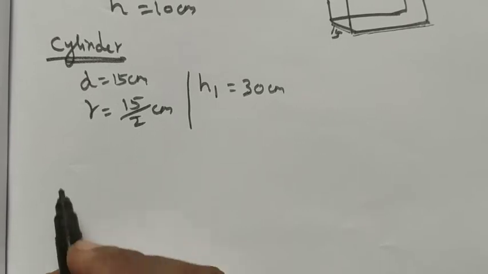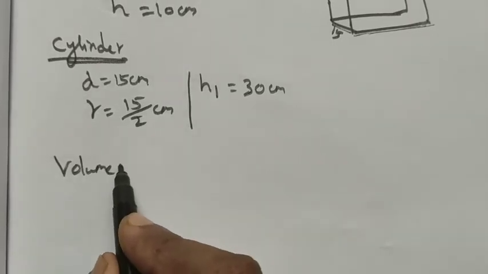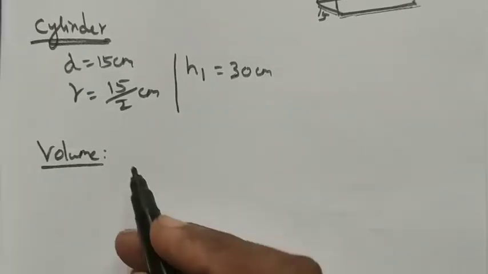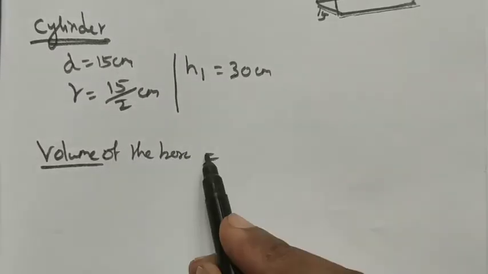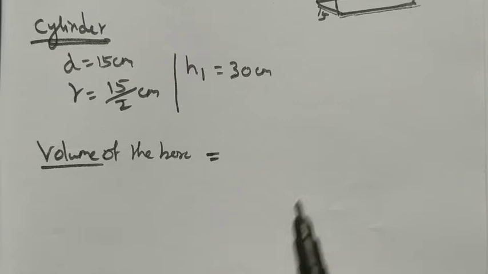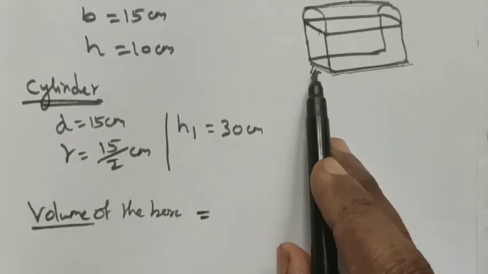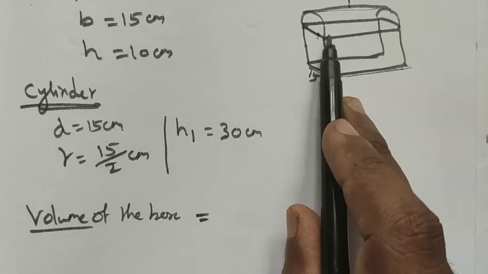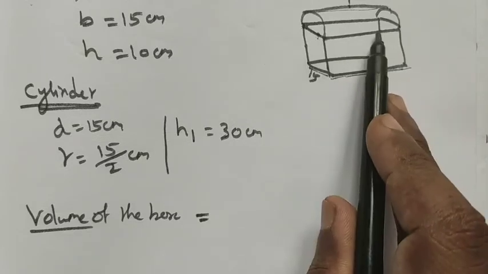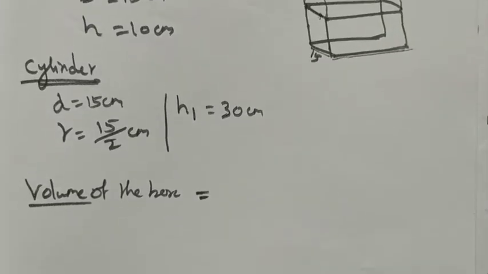Now we want to find the volume. The volume of the box means first the volume of the cuboid, and then half of the cylindrical portion.